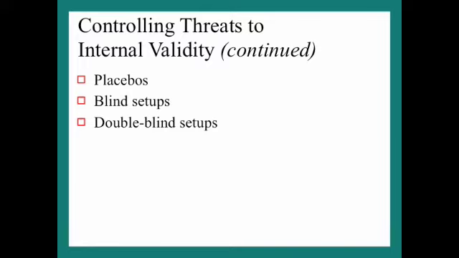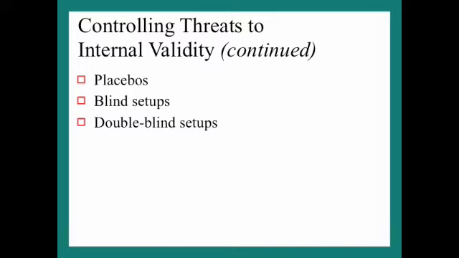So that's a placebo. A blind setup is when the participants don't know if they are getting the real treatment or a fake treatment, or if they are in the experimental or control group.